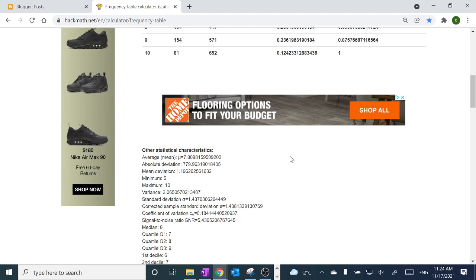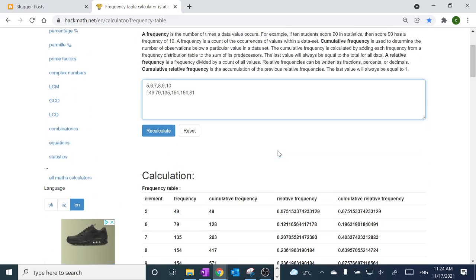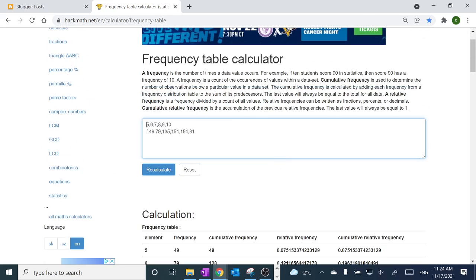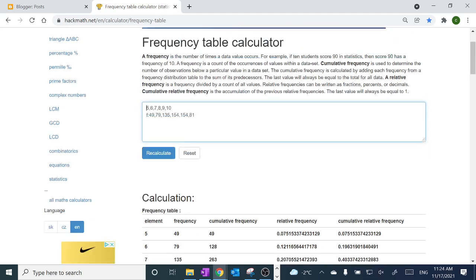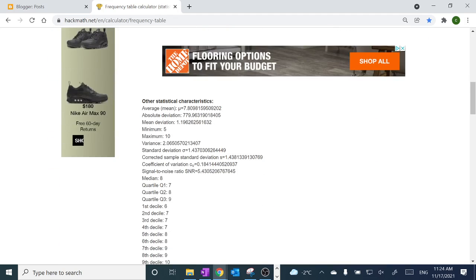Yeah. Sorry, I thought you were asking me something about this. All right, so any questions on how I got my numbers? Wait, what's this? Can you scroll down? Scroll down again. Okay, so again, mean 7.81. Standard deviation 1.44. 2 decimal places is fine, I think, for this data.